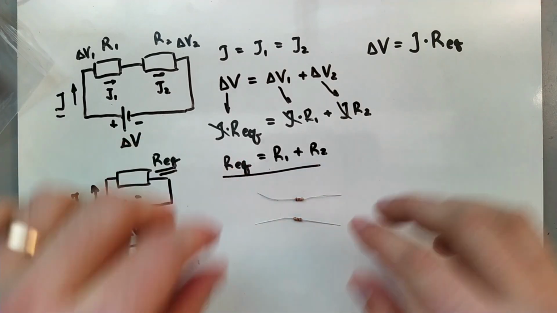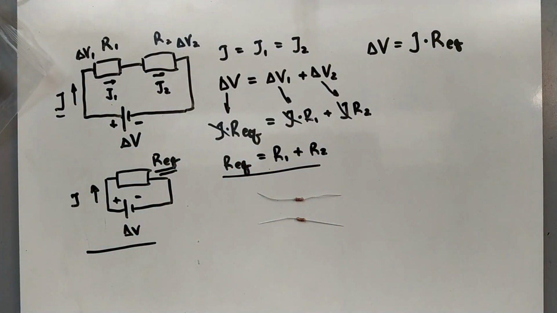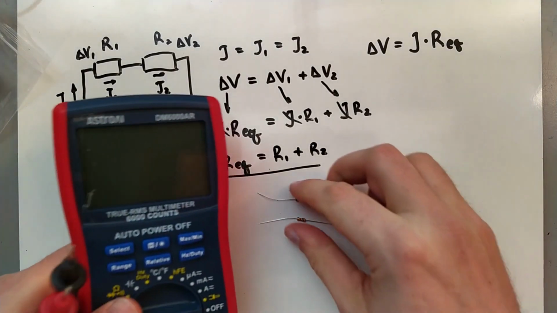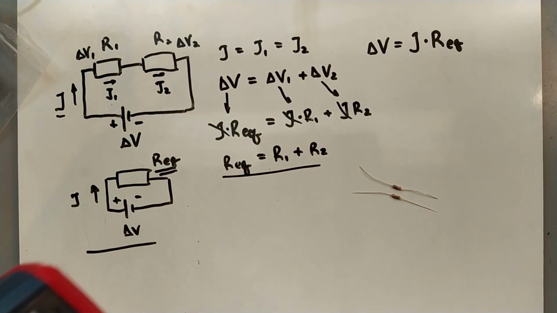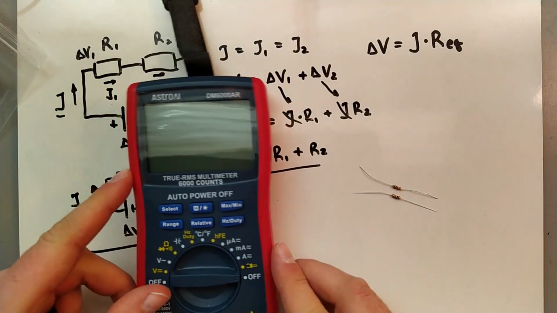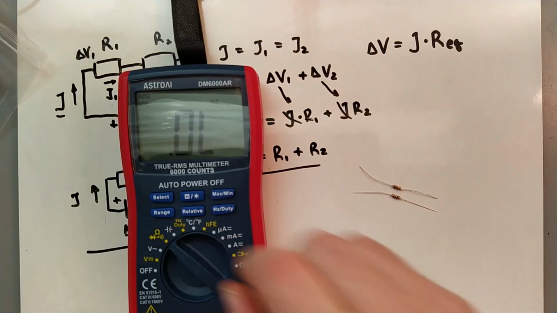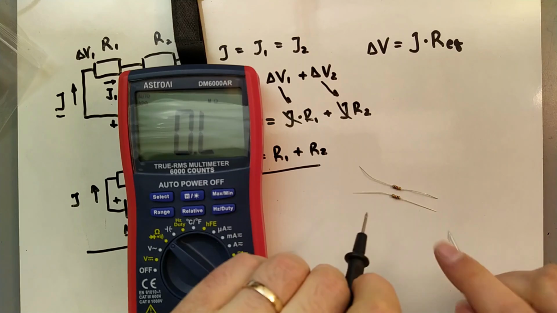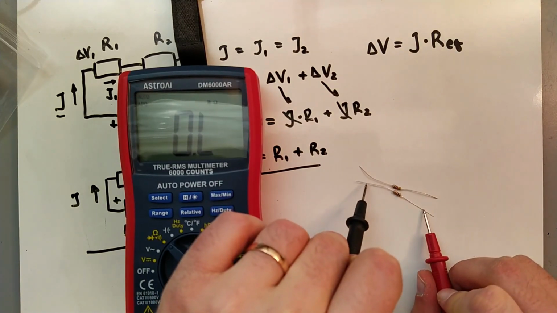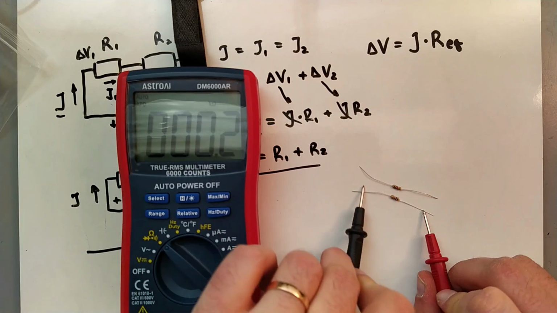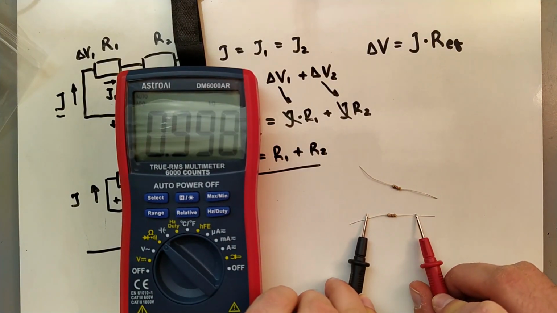They're supposed to be 1 kilo ohm each. So we have two resistors which have the same magnitude of electrical resistance. So let us use a multimeter to measure actual resistance of these resistors. So resistor 1, you see it is almost 1 kilo ohm, 998 ohm.